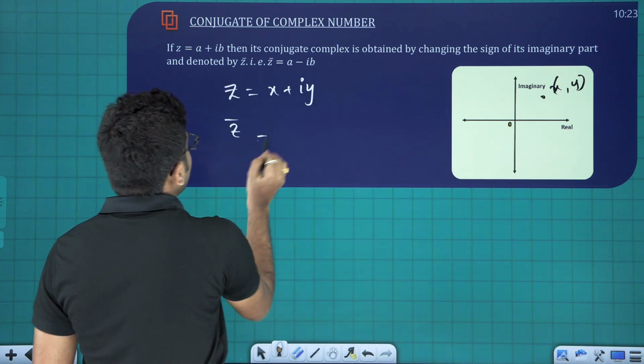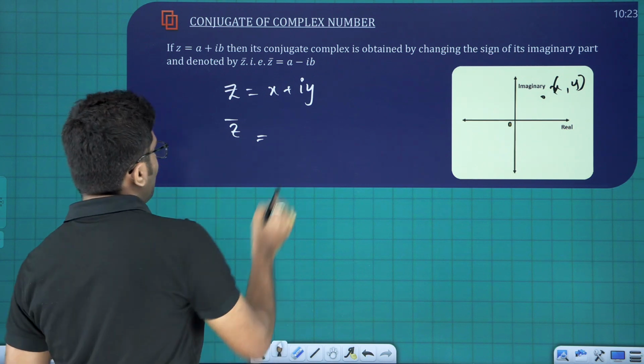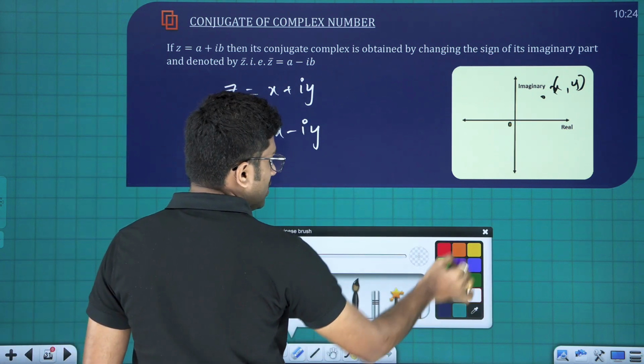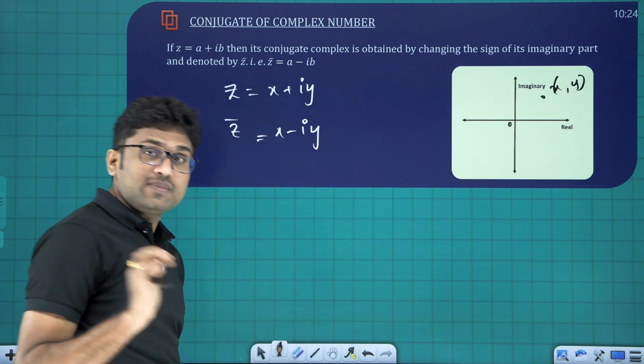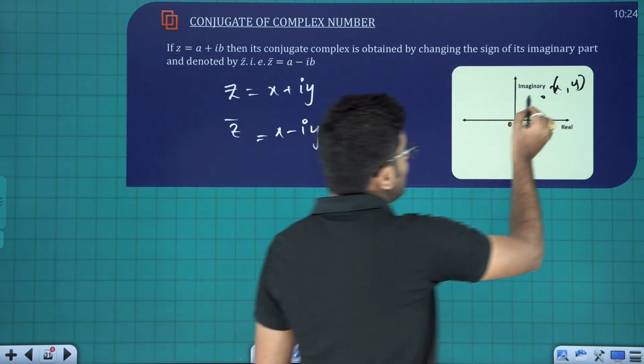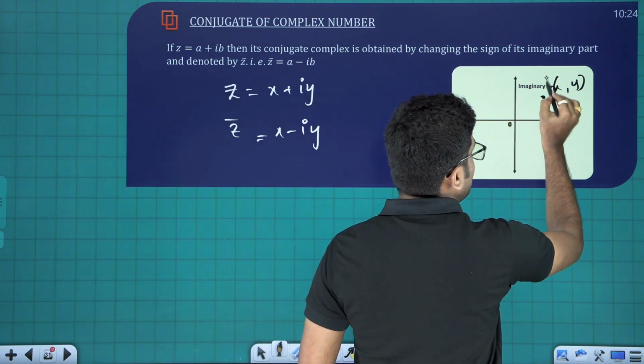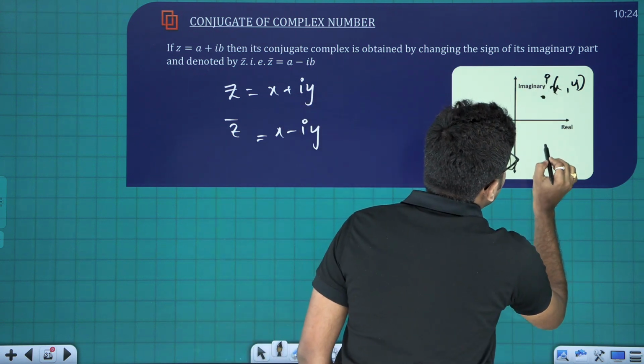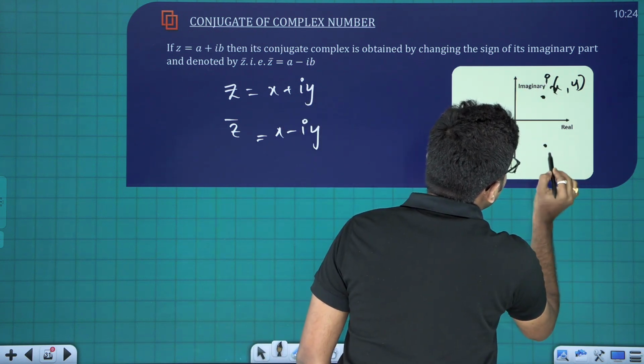Z bar is denoted as its conjugate, and z bar is equal to x minus iy. That means it is represented as the point x comma minus y. That means it is the image of this point. The conjugate is the image of the point P in the real axis.